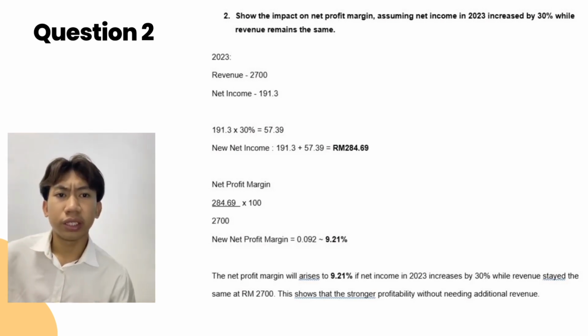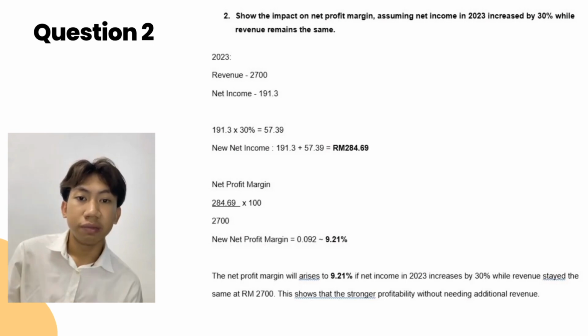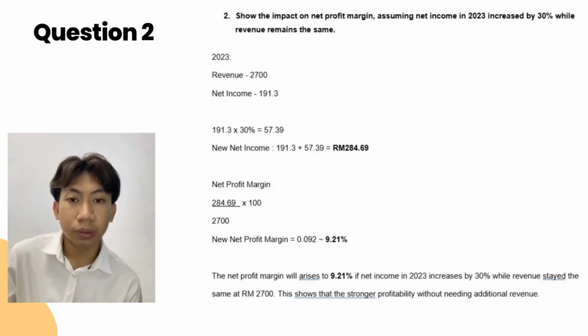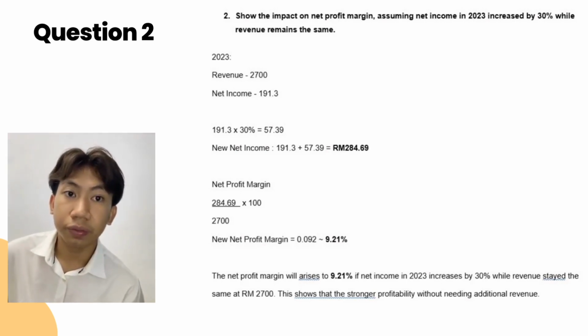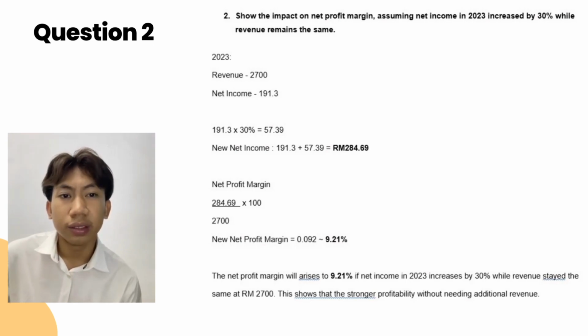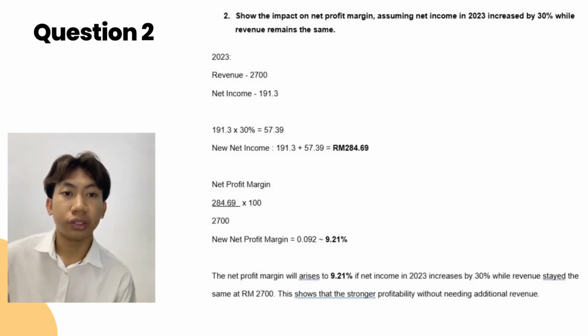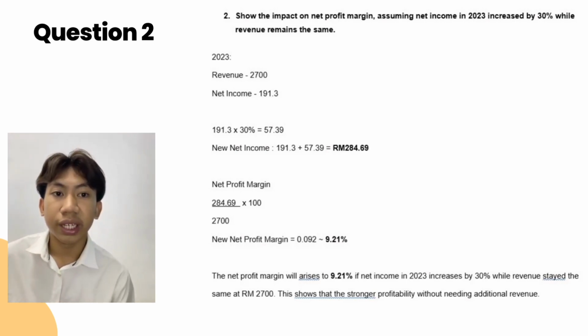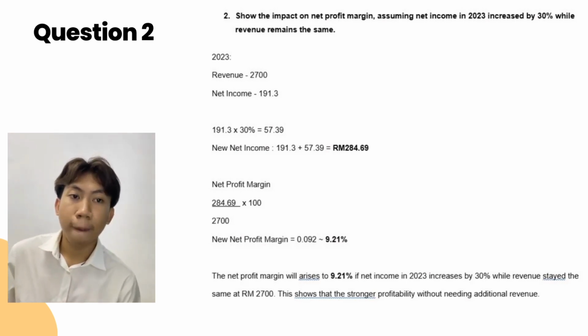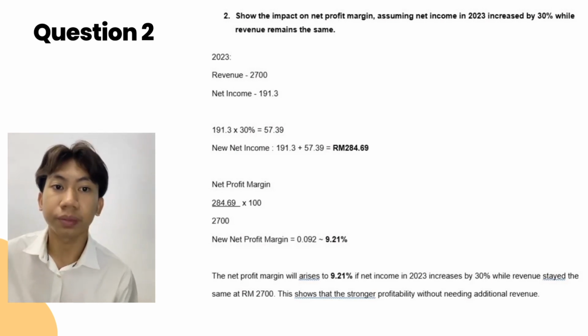So for the new net profit margin, which is the new net income divided by the revenue, then times 100. So 284 and 69 cent divided by 2,700 times 100, then we get the new net profit margin, which is 9.21%.